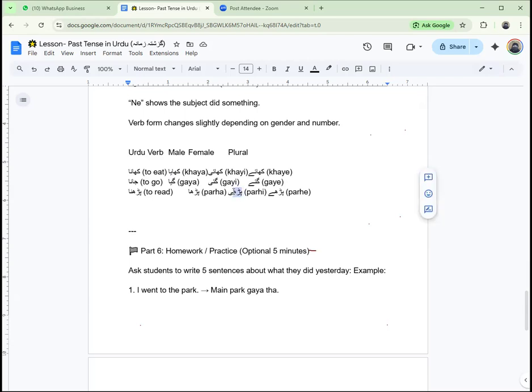This depends on the kitab, because kitab is a feminine word. उसने किताब पढ़ी, or वो लड़की किताब पढ़ती है or पढ़ेगी, or उस लड़की ने किताब पढ़ी. So this padhi is related with the kitab, not with the girl. In fact, in the example above, padhe, the padhna changes into padhe when we use plural.